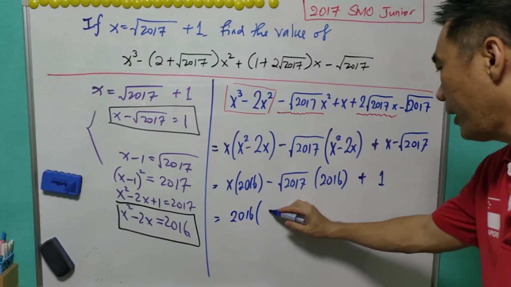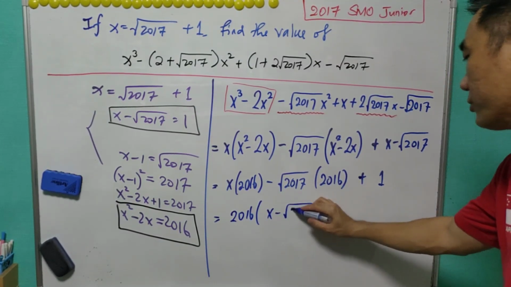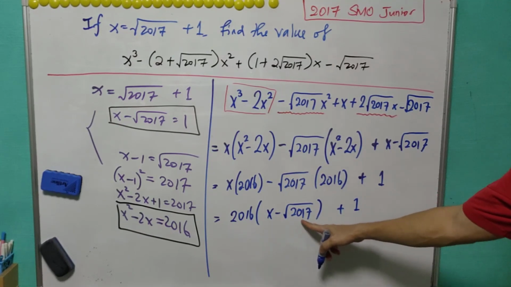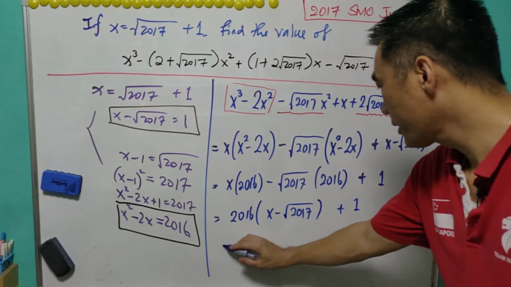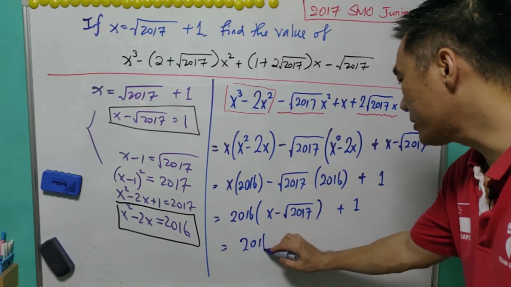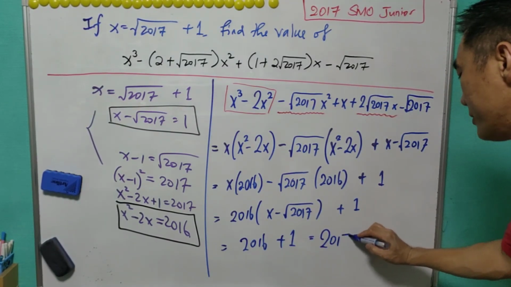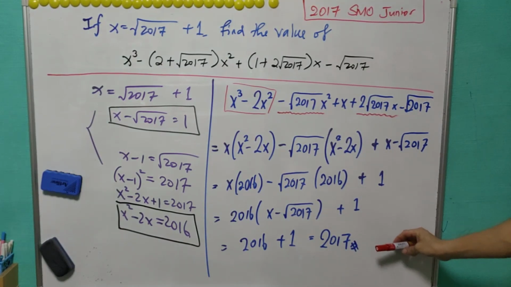We can take it out and are left with x minus square root of 2017 plus 1. x minus square root of 2017 is equal to 1. So this will be 2016 plus 1. And the answer is 2017. So the answer for this question is 2017.